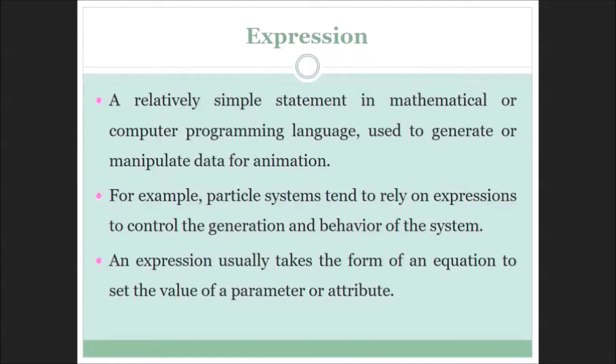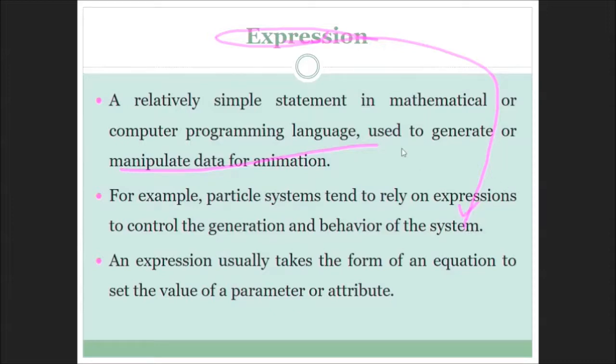Then expression, a relatively simple statement in mathematical or computer programming languages, which is used to generate or manipulate data for animation. These are simple expressions as we have learned in our mathematics. For example, a particle system tends to rely on expressions to control the generation behavior of the system. You have a certain expression and it follows it.